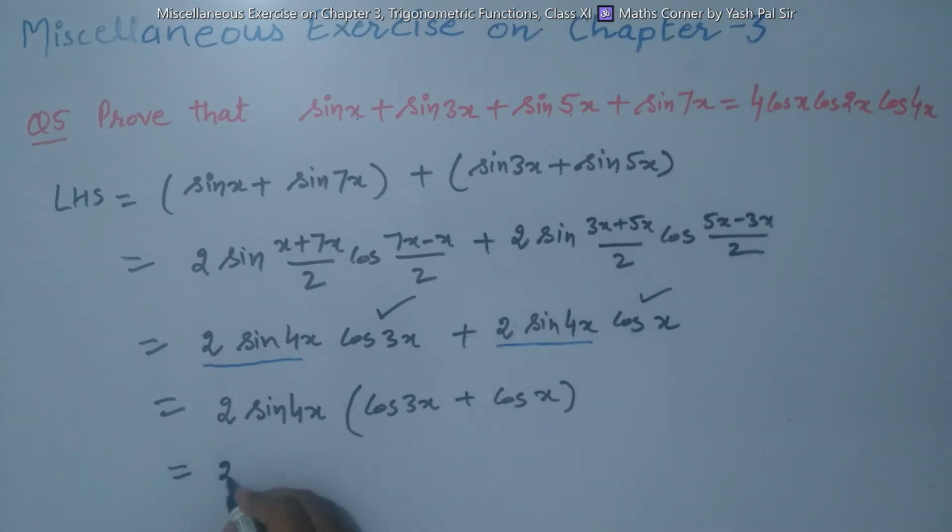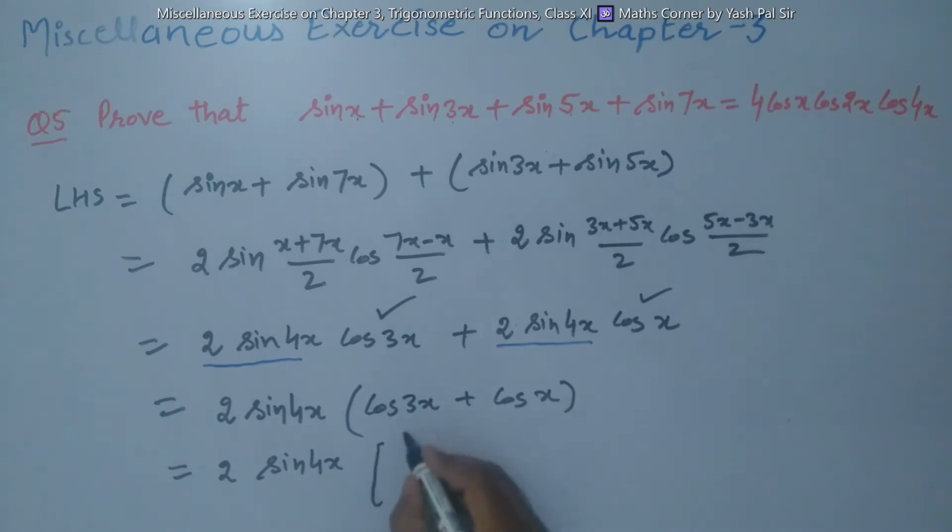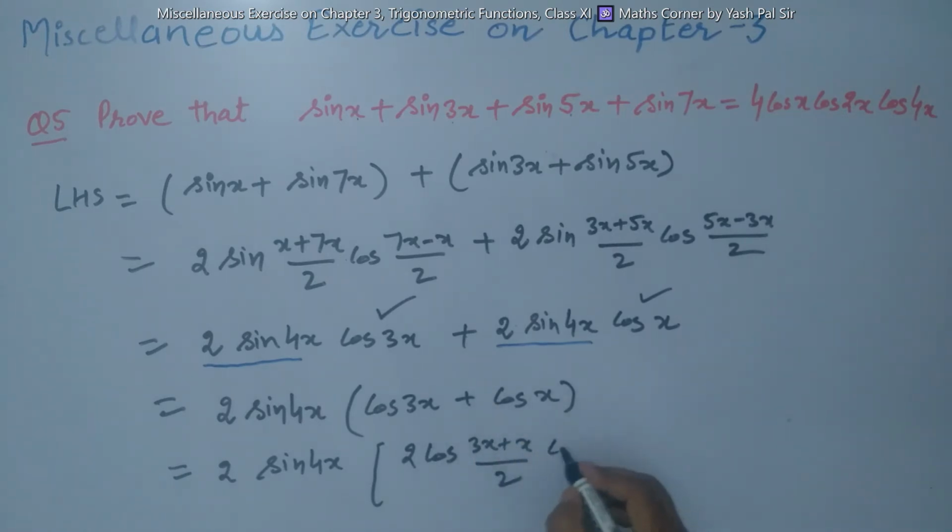This is equal to 2 sin 4x into, what can we do now, what is cos c plus cos d? We can write this equal to 2 cos of (c plus d) upon 2, that is 3x plus 1x upon 2, into cos of (c minus d) upon 2, that is 3x minus 1x upon 2.